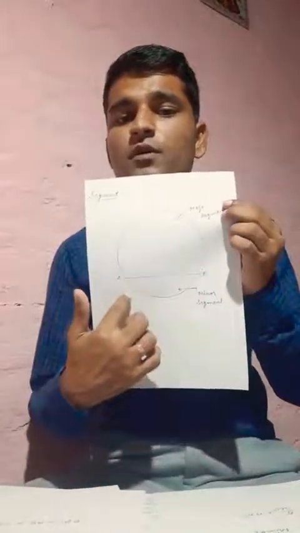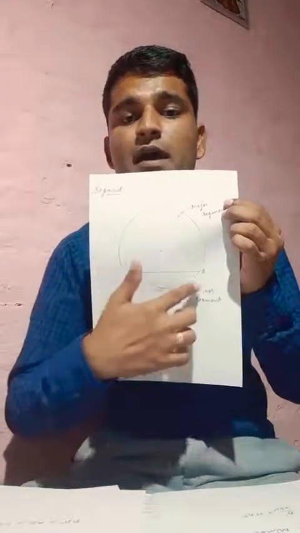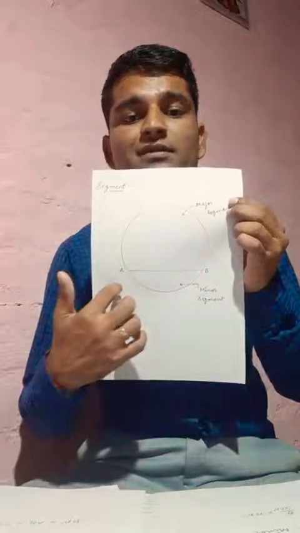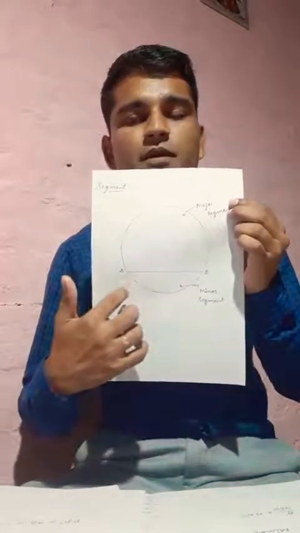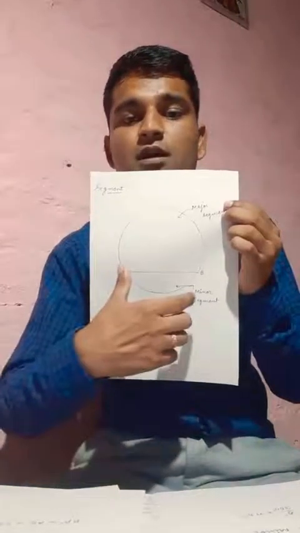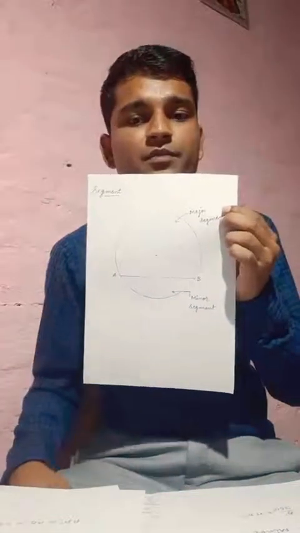A chord divides a circle into two parts. These parts are called segments. Like this. This is a chord, and the part under this chord, enclosed by the arc whose end points are the same as the end points of the line segment which is the chord, this area is called a segment.